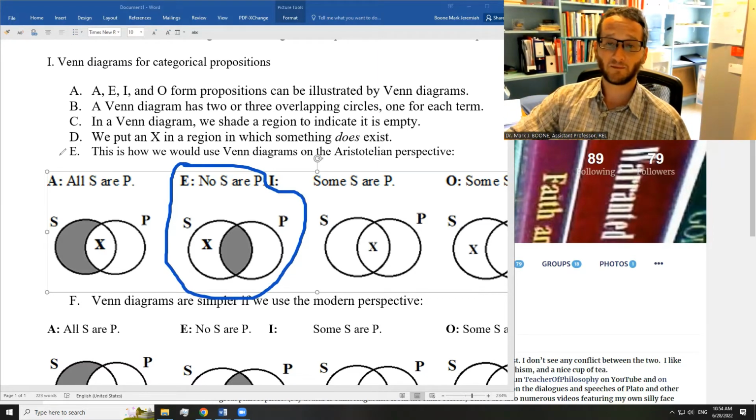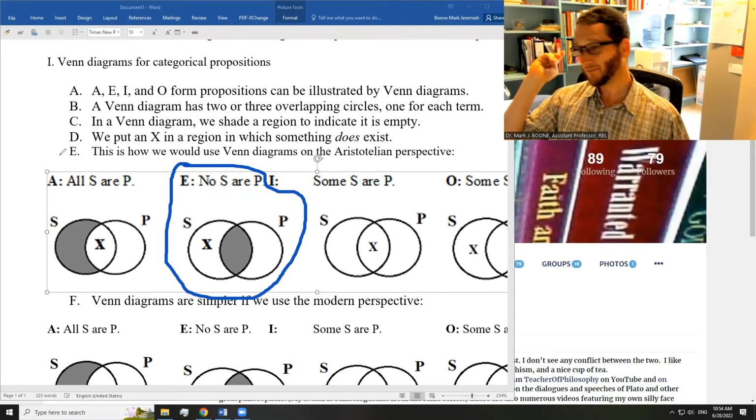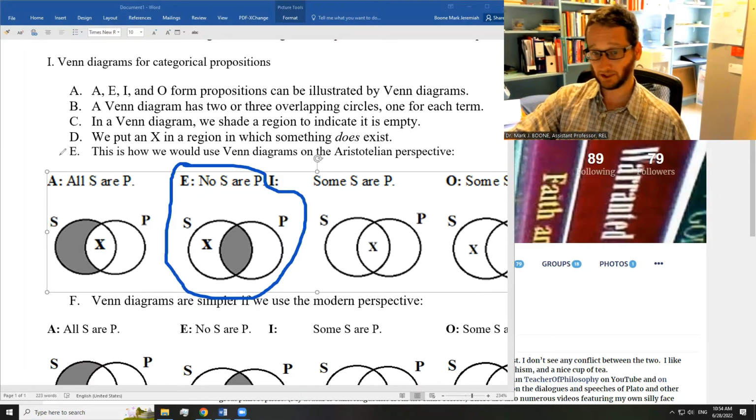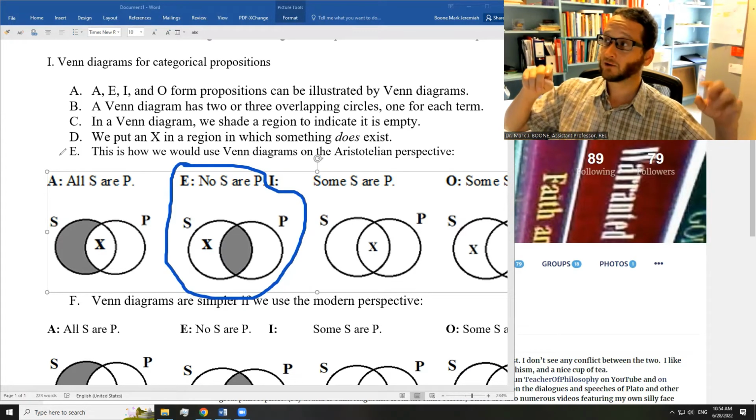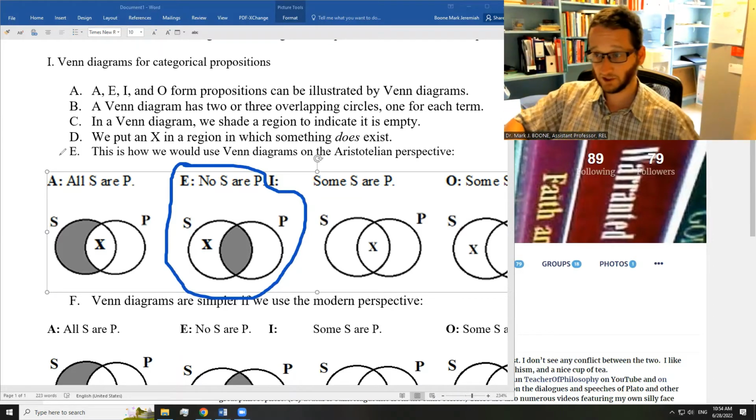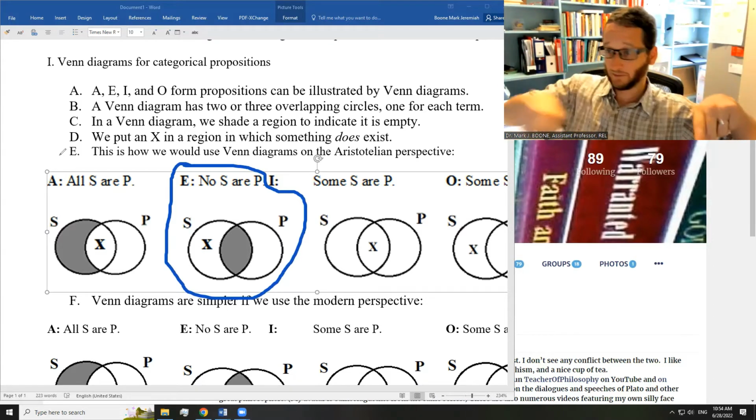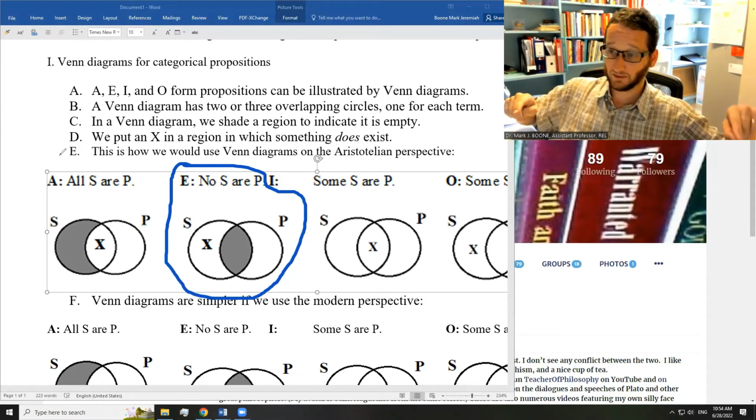All right, the Venn diagram for the E form of a categorical proposition, no S or P, would have the same three regions for two overlapping circles. One for the S term, one for the P term, i.e. the subject and predicate terms.